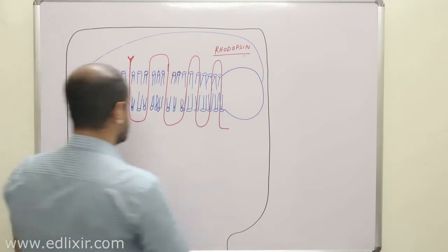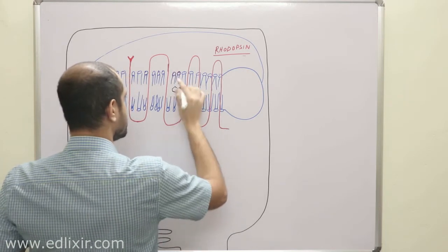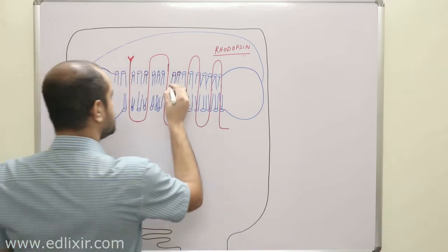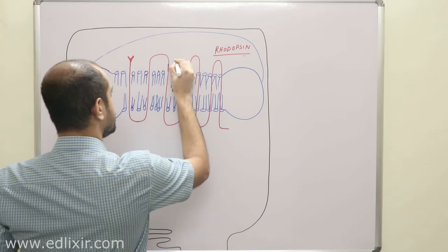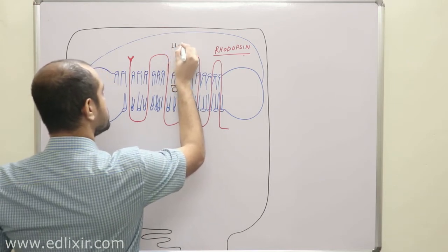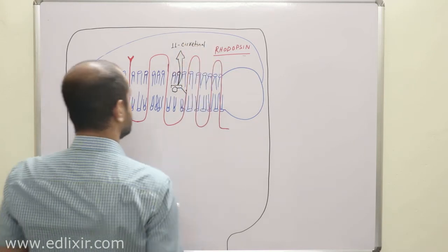Suppose this is your 11, is it trans or cis? Before the light falls, it will be trans or cis. This is 11 cis retinal. Now listen.